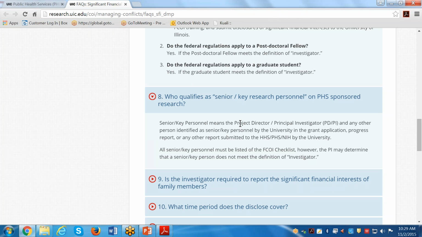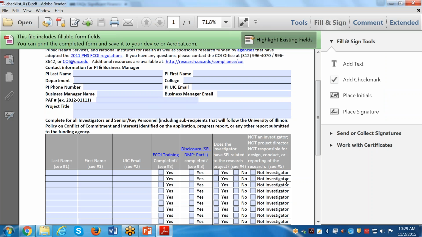Anyone who's senior key does not necessarily make them an investigator, but we are looking at individuals who are senior key based on your list, and then you have the checklist option now to indicate that those people are not investigators because their role does not require them to be involved in design, conduct or reporting.